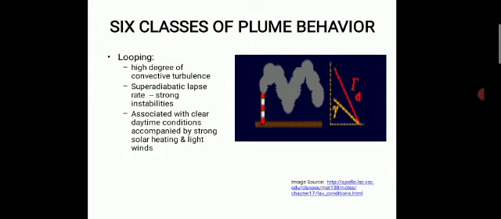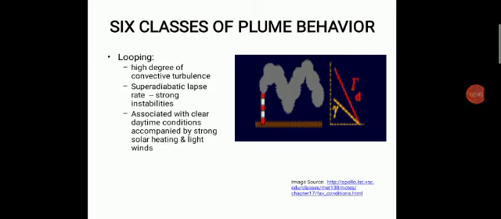While unstable conditions are usually favorable for pollutant dispersion, high concentrations of air pollution forced down by cooling air can be harmful if trapped at the ground. This is associated with clear daytime conditions, accompanied by strong solar heating and light winds.